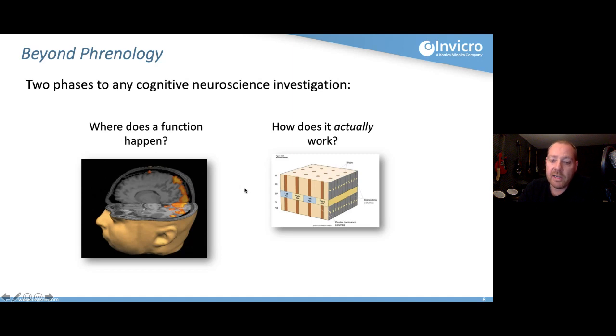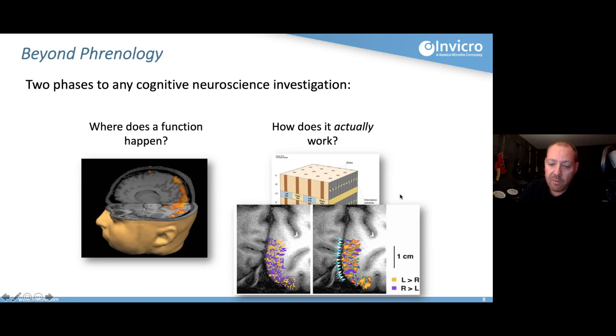But we are actually getting down to the level with fMRI now where we are starting to be able to resolve those kinds of details. And these are, as far as we know, very important functional units within the visual cortex. So once we start getting down to that kind of level, we can really start to say something much more interesting and profound about how functions work rather than just where they're happening.